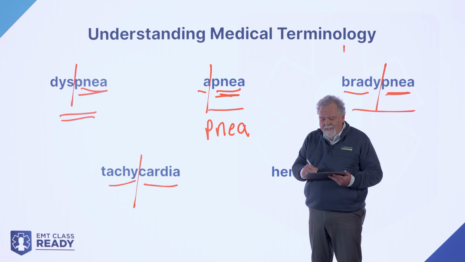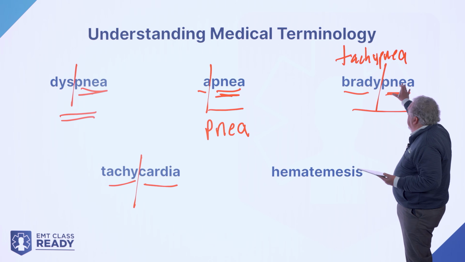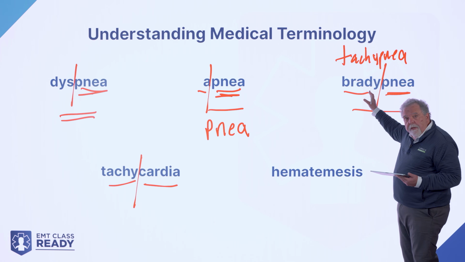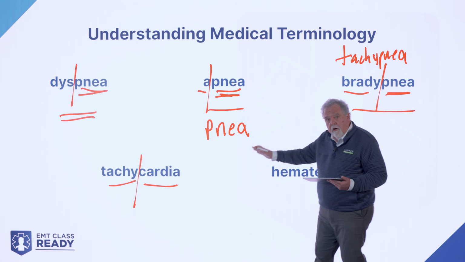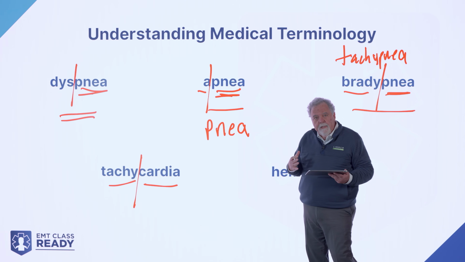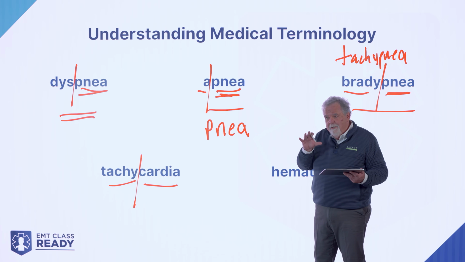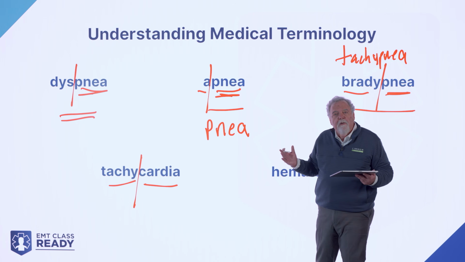So if I had tachypnea, that's fast breathing. Bradypnea is slow breathing. Bradycardia is a slow heartbeat. These all come together. And you see how if you know just several of these parts of words, you're going to be farther ahead to start.